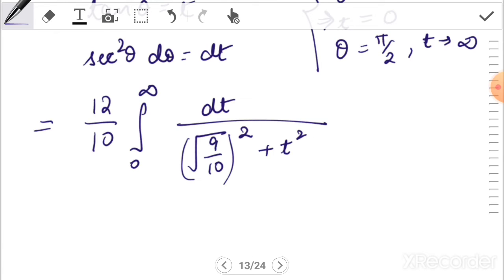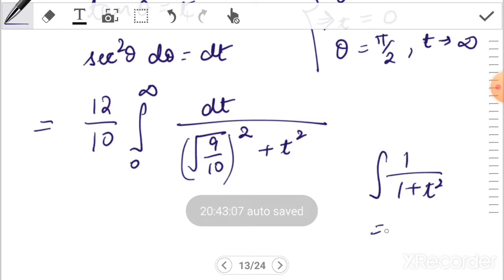Now, so we know that integration of 1 by 1 plus t square is equal to tan inverse t. Yes?